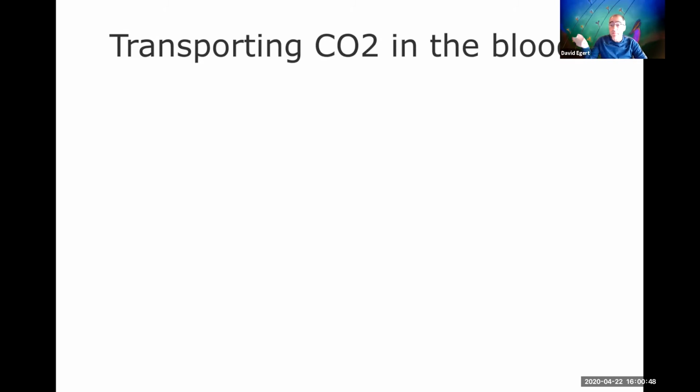And one of them I mentioned when we first talked about hemoglobin, right? Hemoglobin binds oxygen. We've just been talking about it, but it can also bind carbon dioxide. So maybe like 30% is bound to hemoglobin.